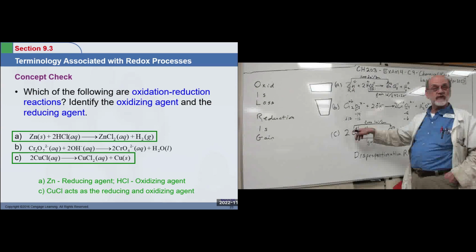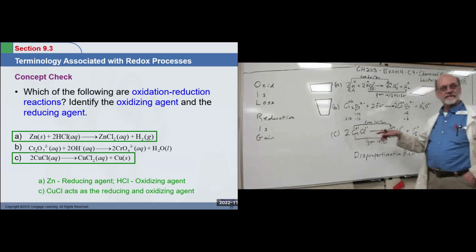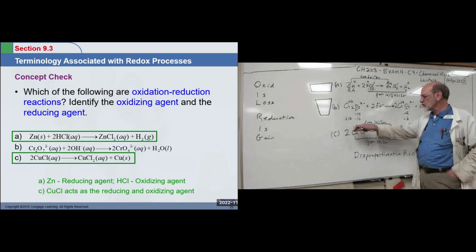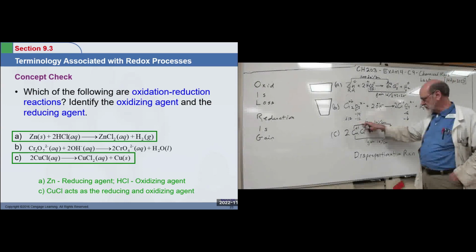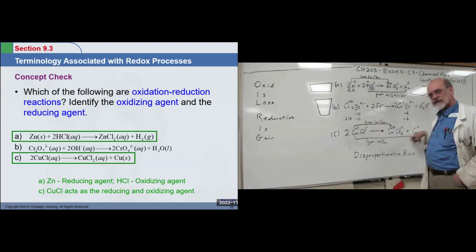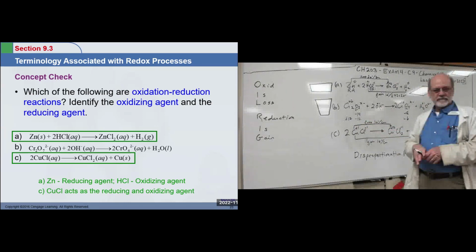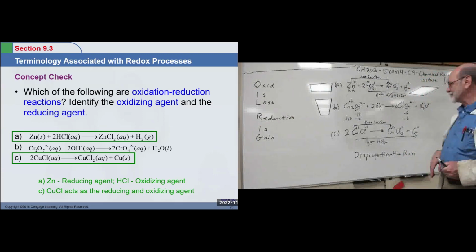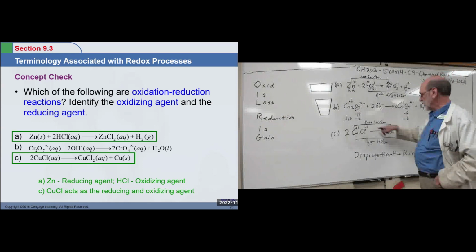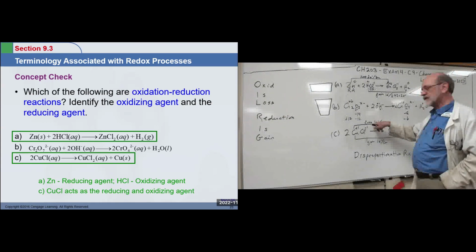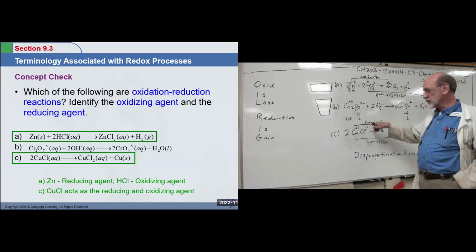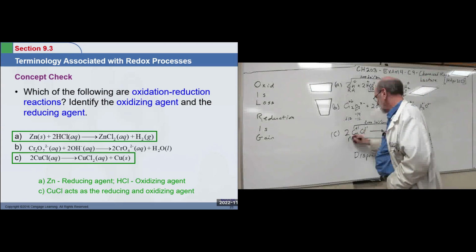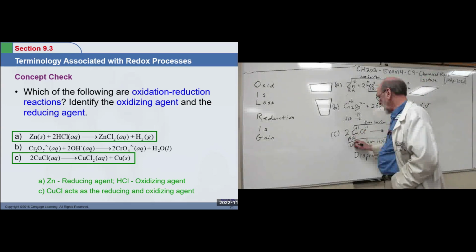This copper went 2 different directions. It was not proportional. It didn't go just one direction. One of them went this way, the other one went this way. But that is a redox, and loss of electrons means it was oxidized, so this is the reducing agent. And it's also the oxidizing agent.